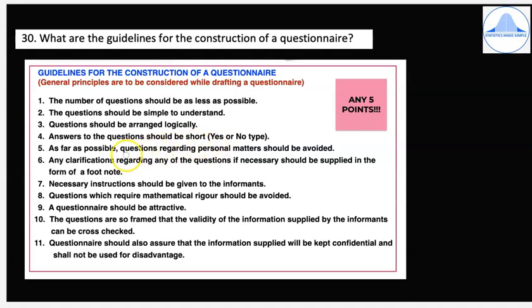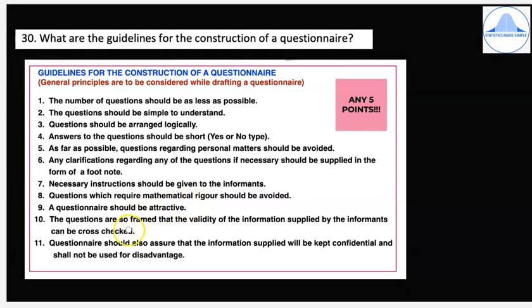As far as possible, questions regarding personal matters should be avoided. Any clarifications regarding any of the questions, if necessary, should be supplied in the form of a footnote. Seventh one, necessary instruction should be given to the informants. Questions which require mathematical rigor should be avoided. Then a questionnaire should be attractive.